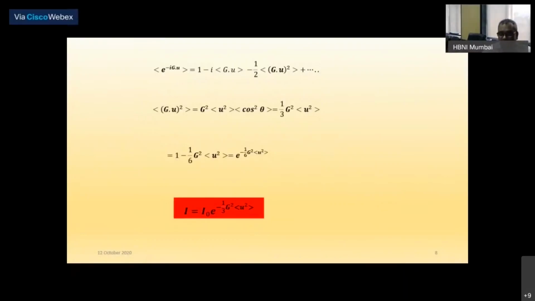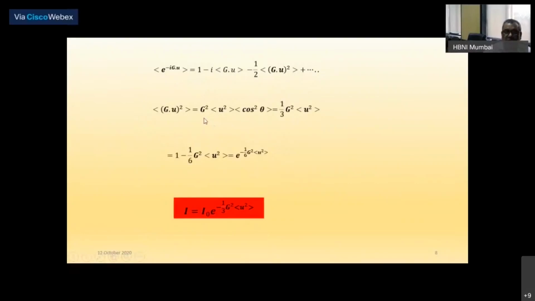And for a symmetric vibration, the average of G dot u should be 0. So we look at the G dot u square term, the second term, and G dot u is G u cos theta.